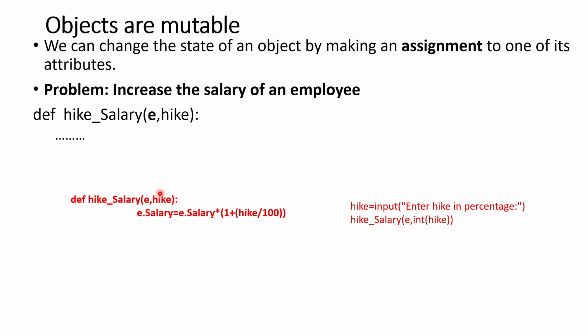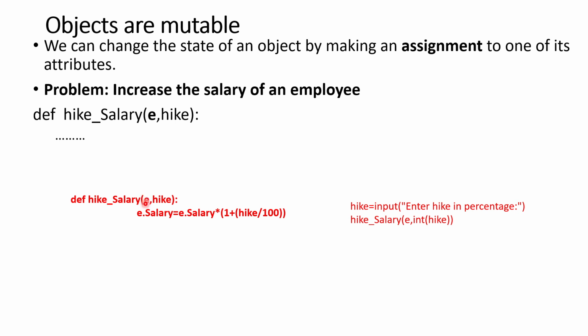Here in Python, these objects are mutable. That means when you modify that inside a class, inside a method or inside a function, that is reflected outside in the calling object. That is the meaning of mutation. Objects are mutable. You can see here one example. For that employee, I would like to give a hike. That hike is in terms of percentage. I'm calling this function hike_salary by passing two arguments.